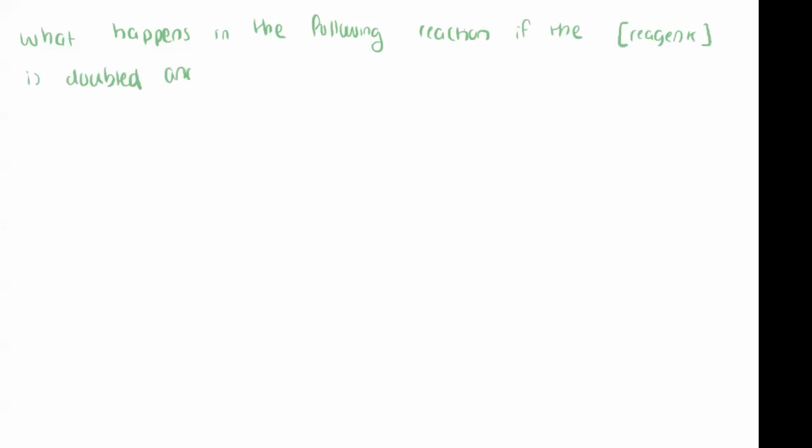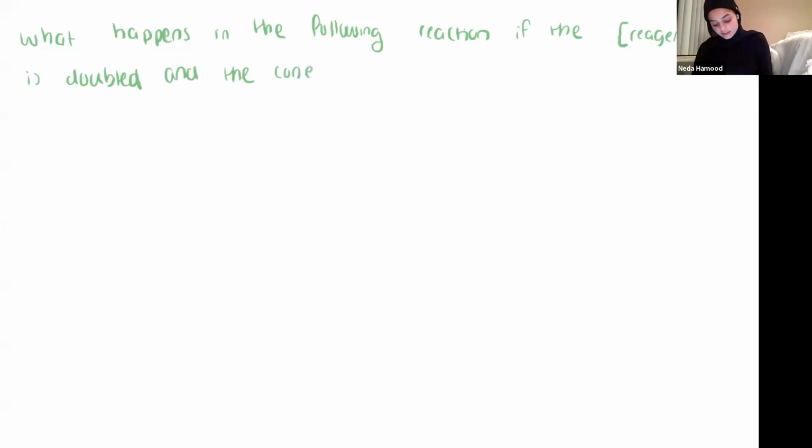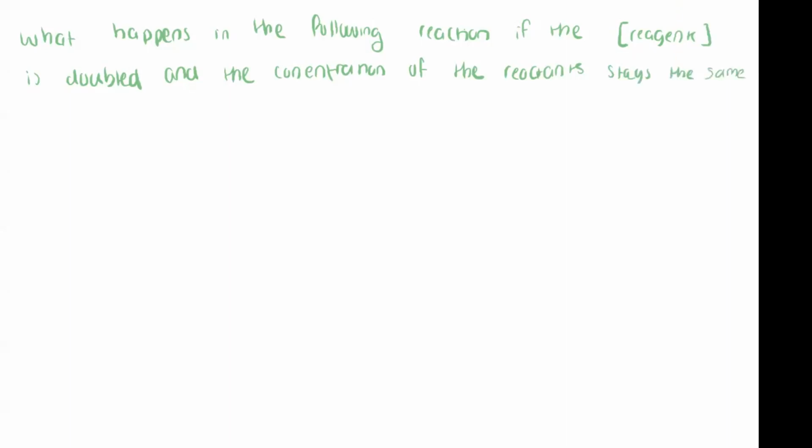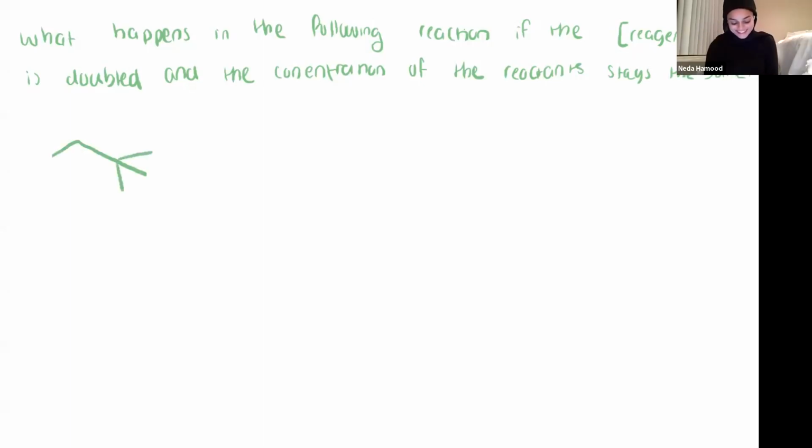Do those brackets mean concentration? Yeah, that's what the brackets mean. And the concentration of the reactants stays the same. Does it double? Does it stay the same? So I actually have to write out the equation at first. So we're going to have a chlorine with a CH3OH turning into this.